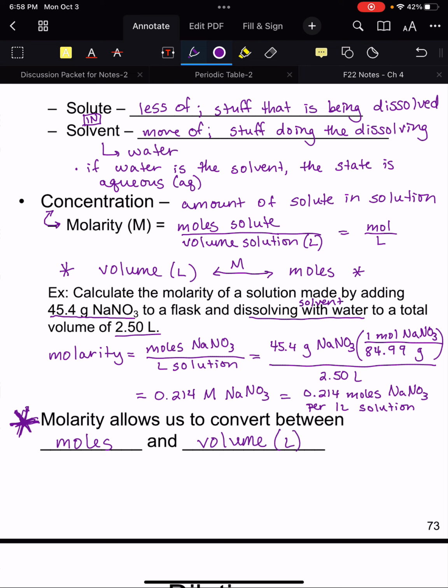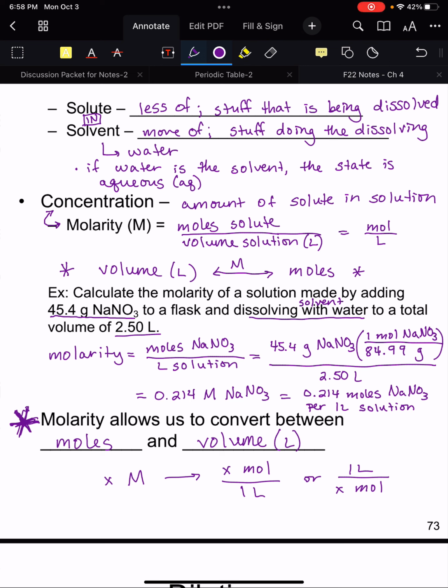So if you see something like X molar solution, what that should mean to you is that we have X moles per 1 liter. And as you know, with all the other conversion factors we use, we can rewrite this as 1 liter over X moles, depending on what we're trying to solve for.